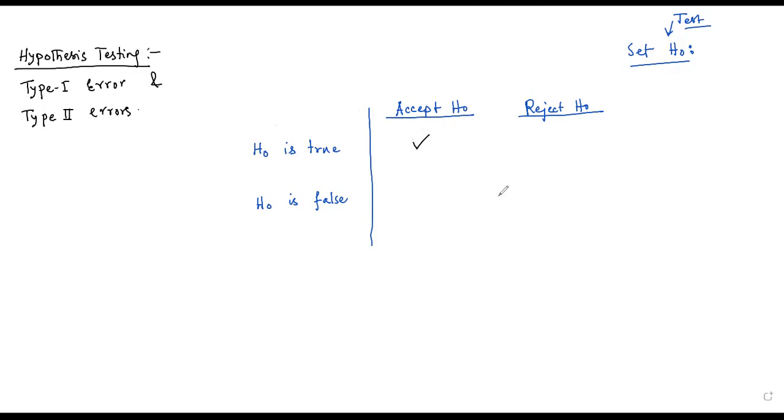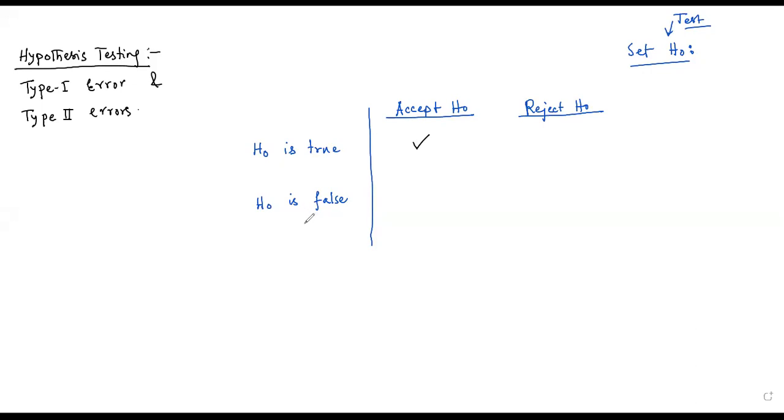This is one case. Suppose my null hypothesis is false, that no, COVID is actually increasing globally. COVID affected people is not less than 50%. It is more than that. And suppose we have assumed that COVID affected people is less than 50%, but we are rejecting the null hypothesis.